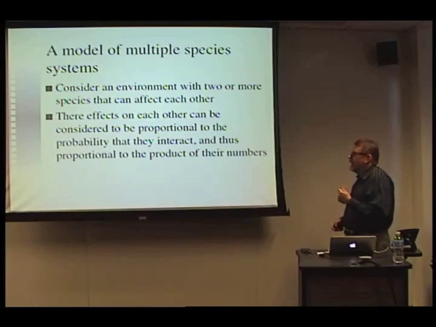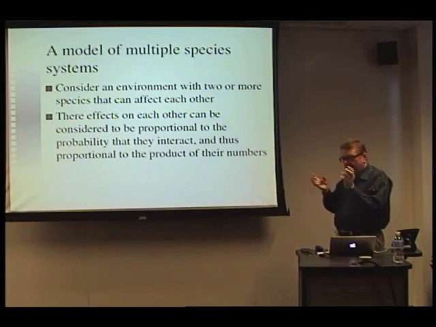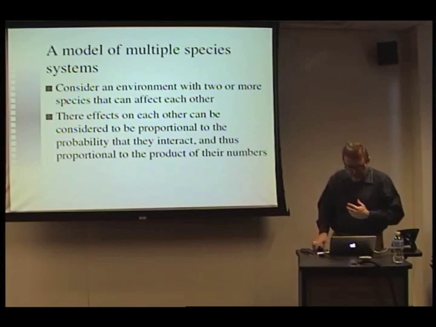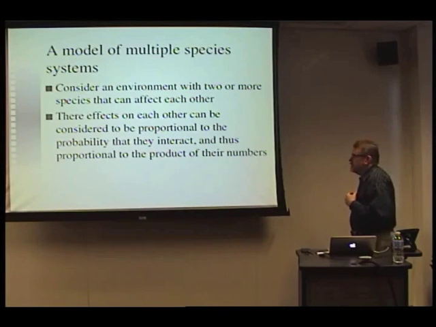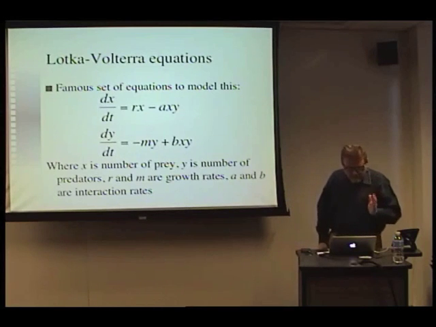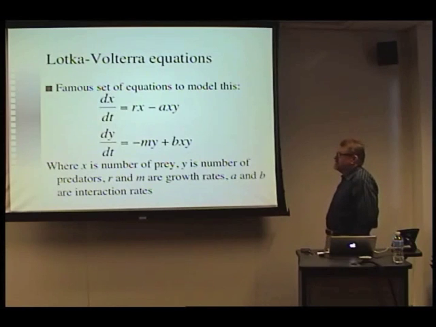Okay? So to model the behavior of that system, we have to somehow capture the interaction between the species, right? The effect that one has upon the other, such as the rate at which one preys upon the other. So a very simple set of equations, but very powerful, that describes a system of this type is called the Lotka-Volterra equations.